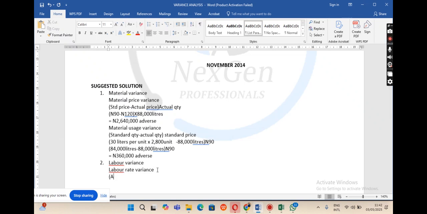So you can start with actual or you start with standard. Let me just start with actual. So the actual rate minus the standard rate, times the actual quantity, right?